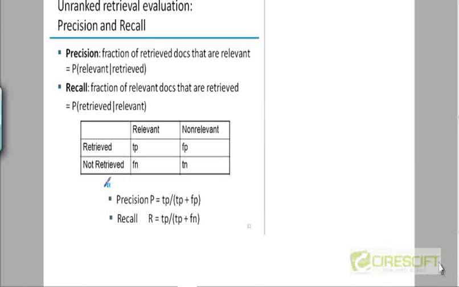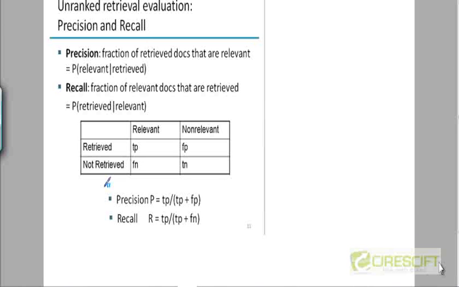So once these results have been marked as relevant or not relevant, we need to convert these markings into some kind of a numerical measure for performance.